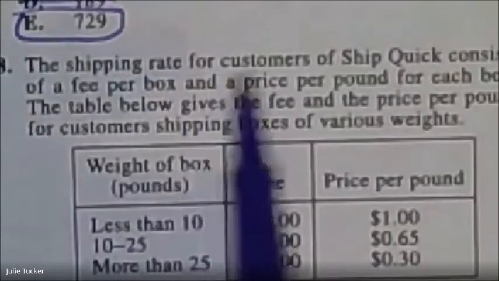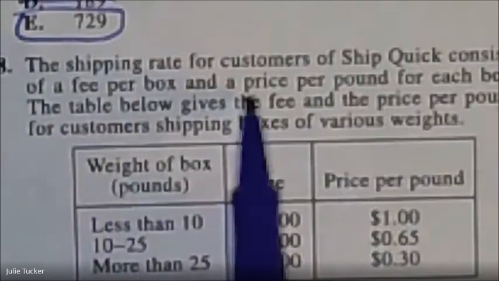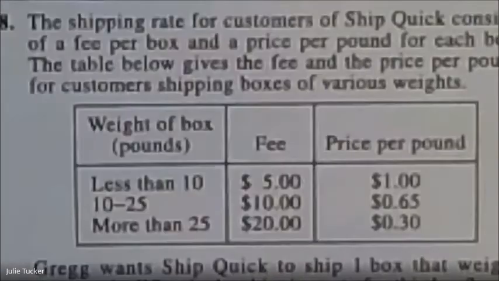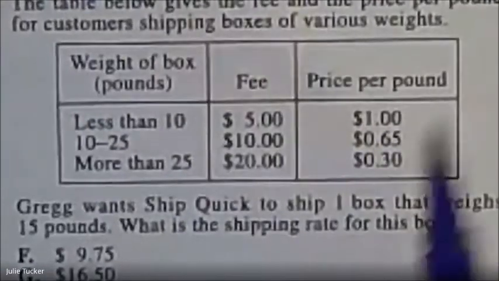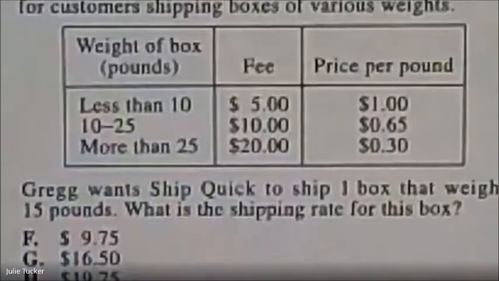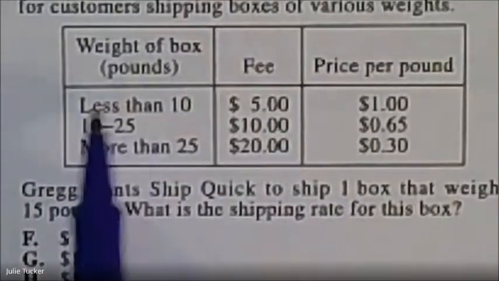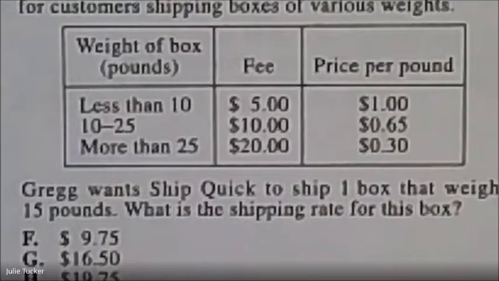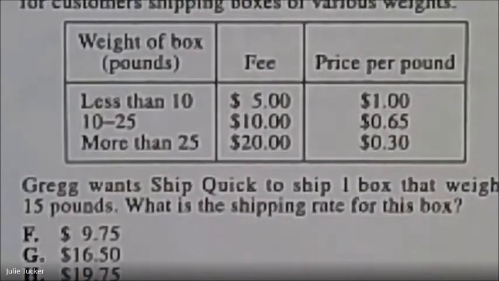So let's go back to the beginning. The shipping rate consists of a fee and a price per pound. So if it's 15 pounds, we're going to go look at which row? Top, middle, bottom. Yep. So now you tell me what math I need to do.